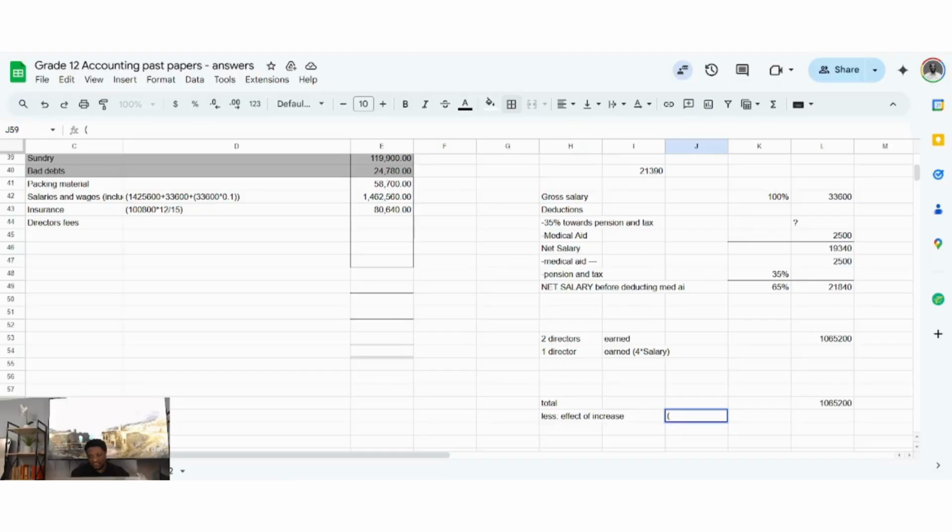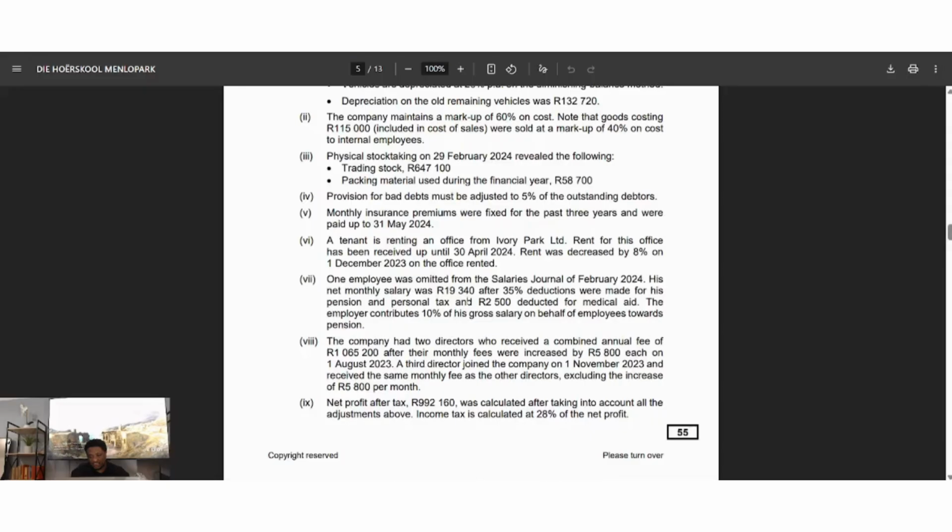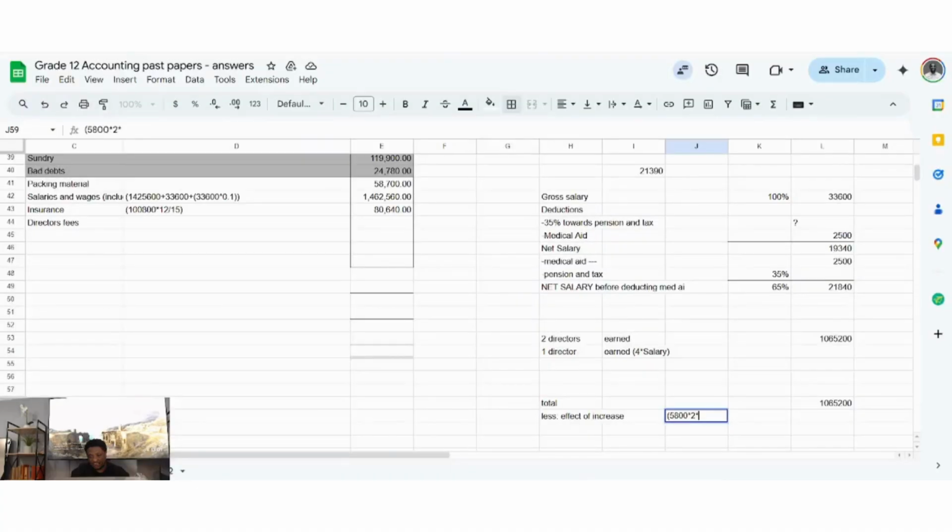So we're going to say, well, the increase was 5,800 and it was gotten by each director. And then for how many months was it? It was from 1 August to 28 February 2024, that would be 7 months. So then we would multiply by 7, and then let's see how much that increase would have been.